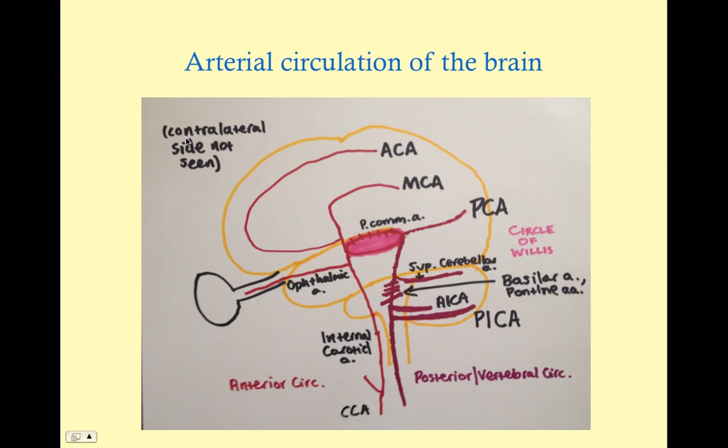And then this is just another way of looking at it from the side here. You can see this is our circle of Willis here, the posterior communicating artery, the ophthalmic artery, the ACA, MCA, cerebellar circulation, and so forth.